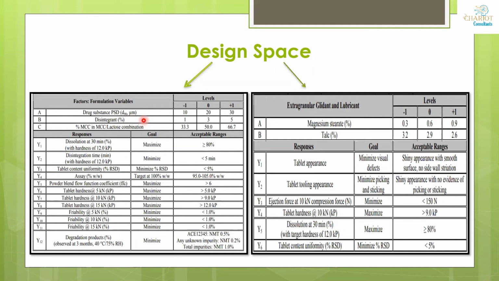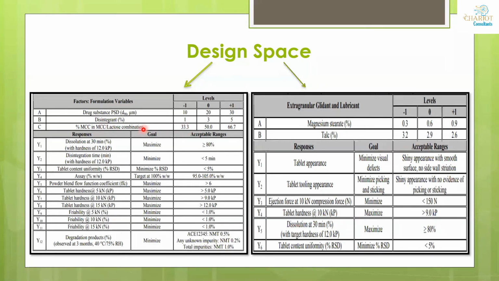That is the limit we generally use. So similarly, in this case, the minimum level which we will be studying is 1%, the zero level we are using 3%, and maximum 5%. And similarly, for the MCC lactose combination, what is the ratio?